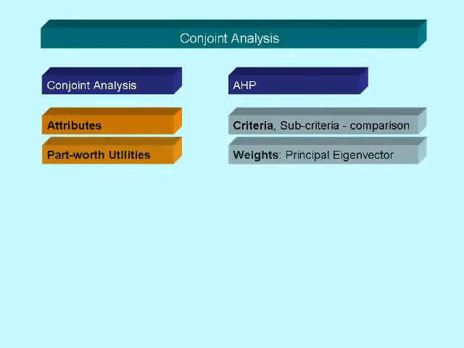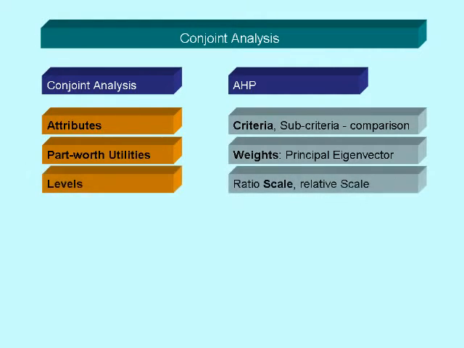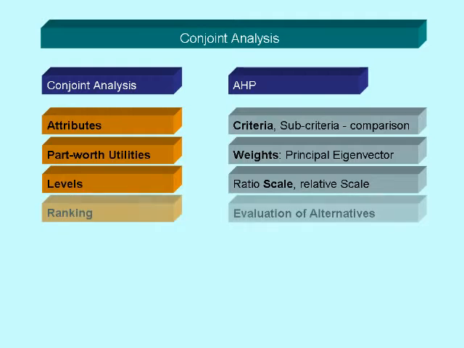Instead of calculating part-worth utilities, in AHP we calculate the principal eigenvector to find the relative weights. In conjoint analysis, we code attribute values as levels. In AHP, we use a ratio scale. The ranking corresponds to the evaluation of alternatives.